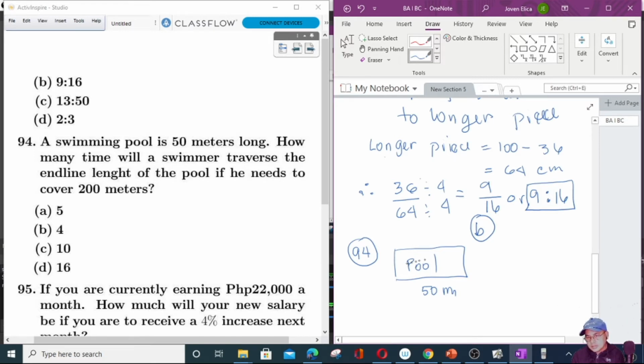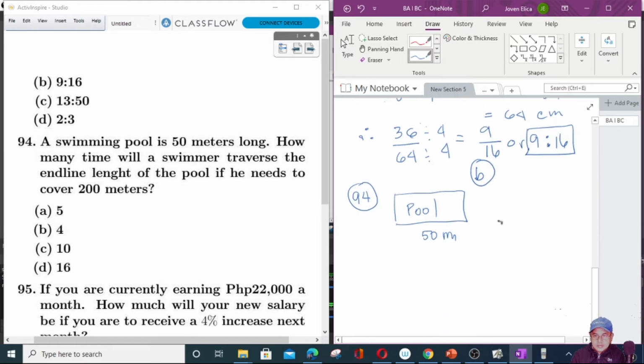That means he reached the end and then back to the starting point and then back, if he needs to cover 200 meters. So definitely, if he wants to cover 200 meters, how many times? We have 200 meters, just divide it by 50.